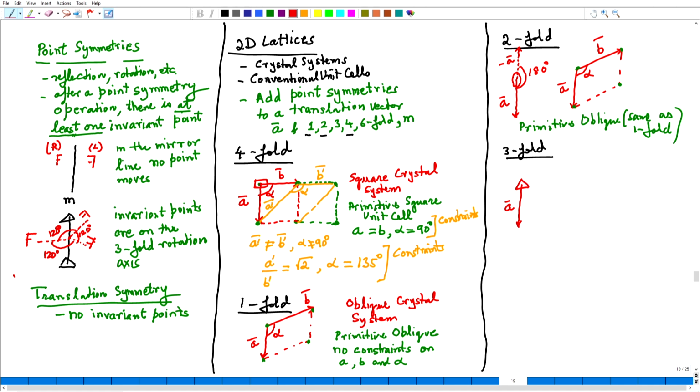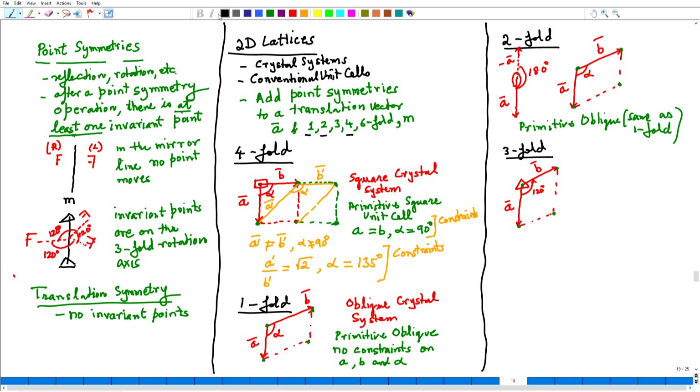Now, this as you know will rotate this vector by 120 degrees and I will get another vector B. Now, one can see in this case that the magnitude of the two vectors would be the same the way I have drawn it, and again I can put the lattice points at the corners and I get a unit cell where A is equal to B and alpha is equal to 120 degrees as one specific case.